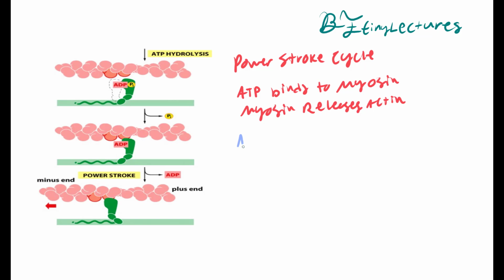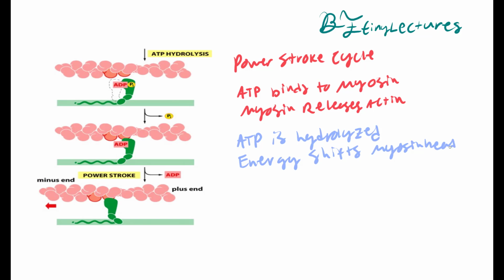So to recap, the ATP is hydrolyzed, and when this happens, it releases energy. This energy shifts the myosin head forward. And when it shifts forward, it will come into contact with the actin filament once again. Now the ADP and the inorganic phosphate ion will leave.